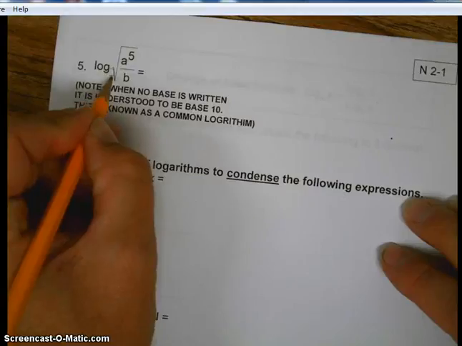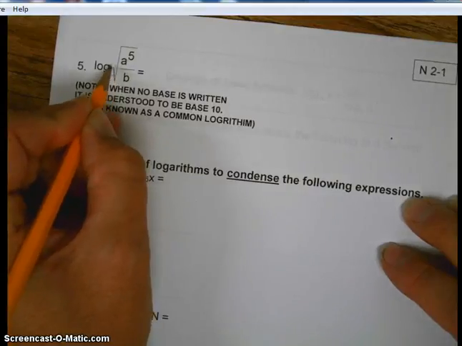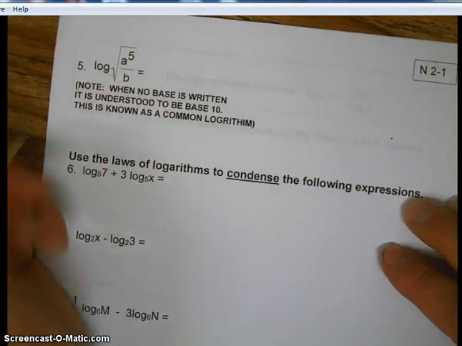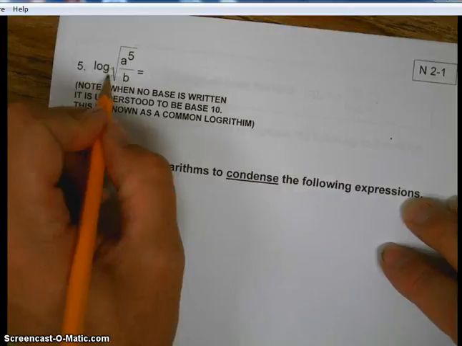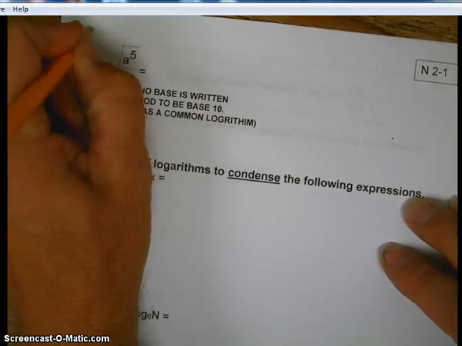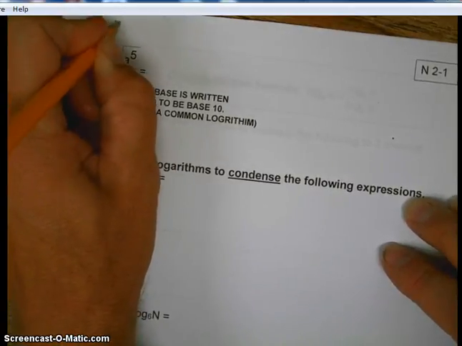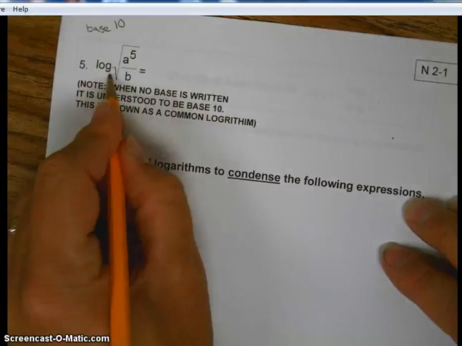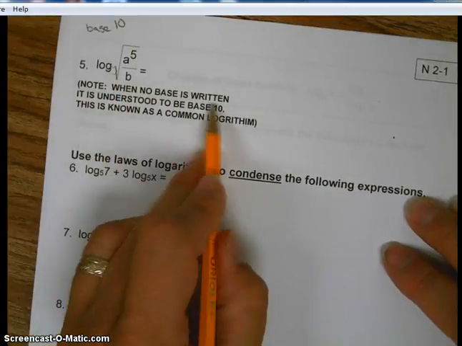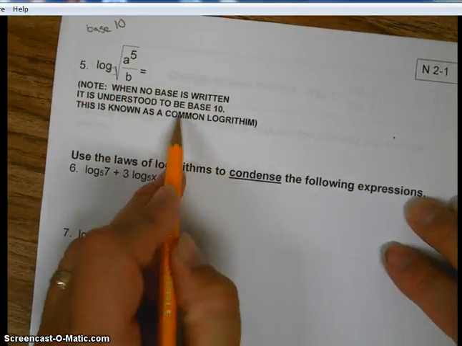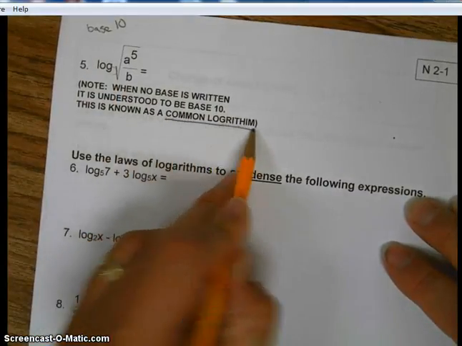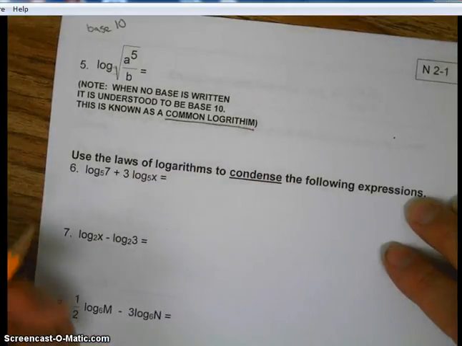Well, when there is no base written, it's base 10. We don't have to write base 10. If you do not see any number here, it's base 10. It's called a common logarithm.